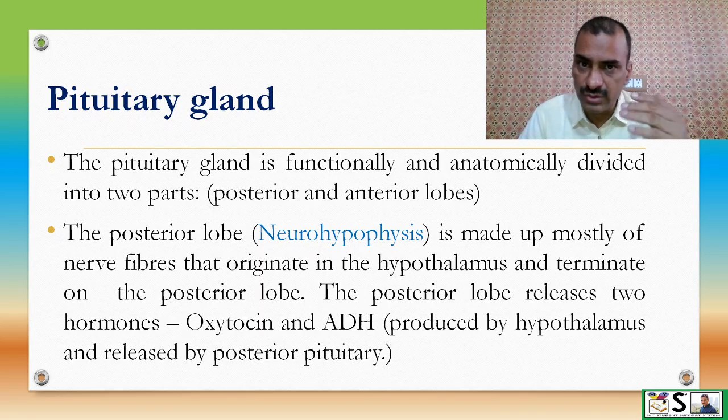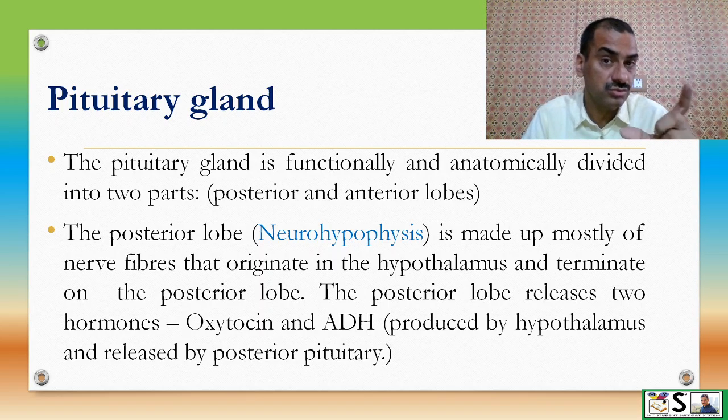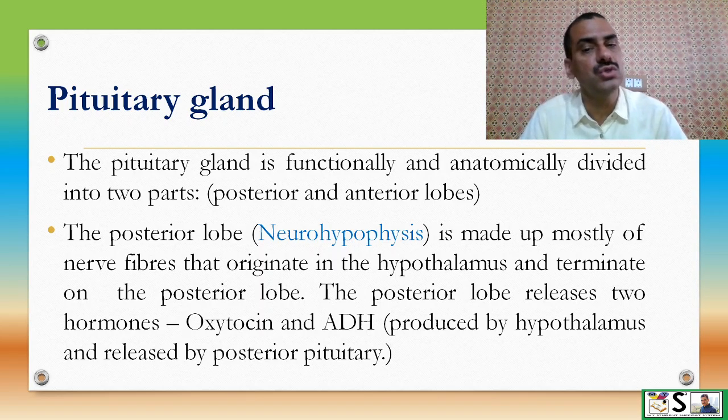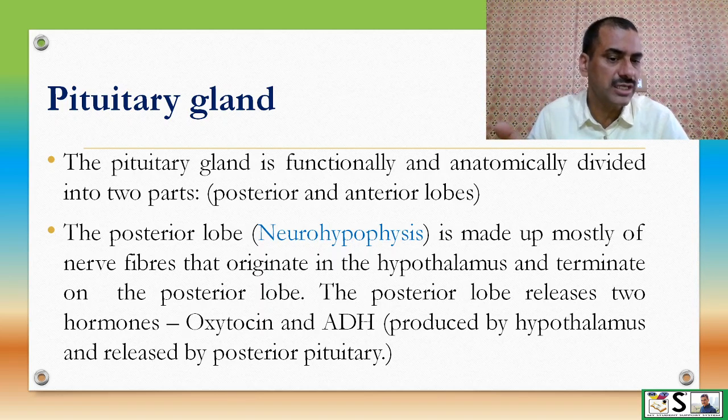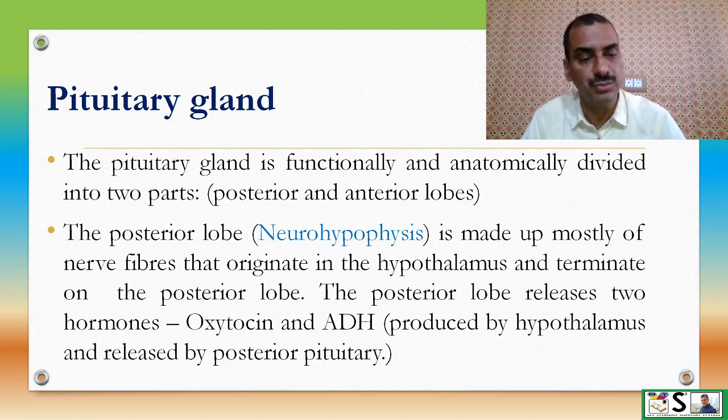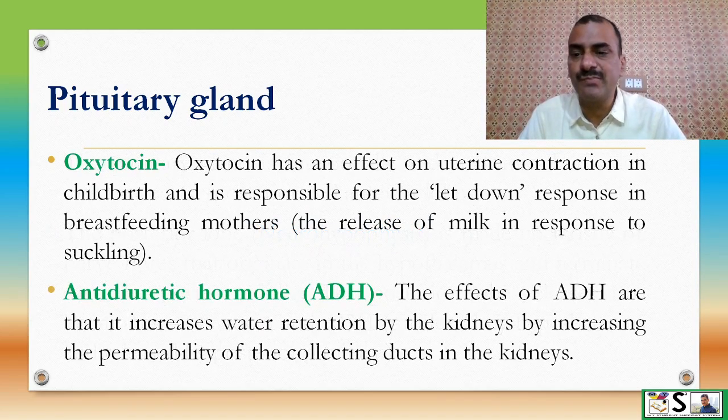Because it is made up mostly of nerve fibers, it is known as the neurohypophysis. The posterior lobe releases two hormones, oxytocin and ADH. These hormones are produced by the hypothalamus but released by the posterior pituitary.